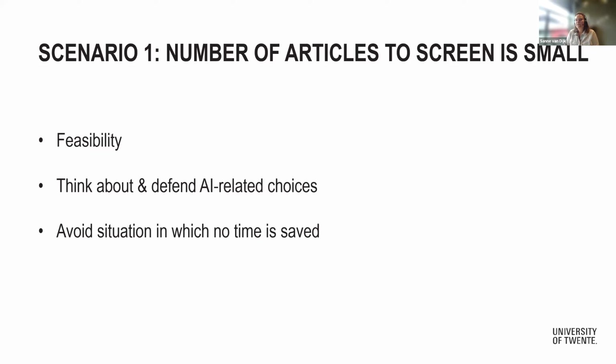And if you consider the time becoming familiar with the software and also defending your AI related choices in your paper, I think they would all have already finished screening these 300 papers before even starting the screening phase using AI. So when there's not a lot of time to be saved in the first place, I would still recommend applying manual screening.